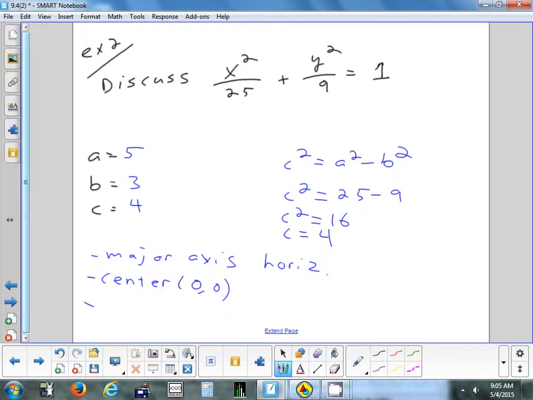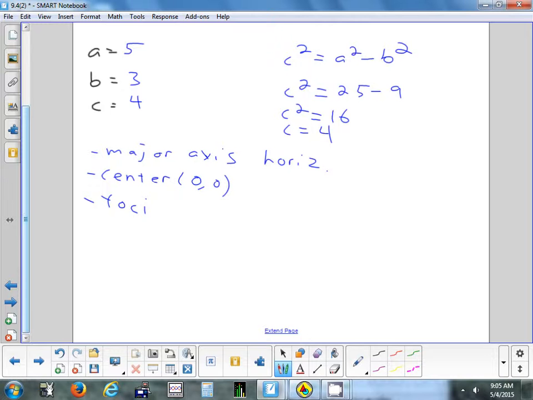Okay, so let's start with the foci. We know how far away the foci are from the center. We just have to write it as a coordinate. So what are my two foci going to be? Negative 3, 0, and 3, 0. Okay, so what letter measures the distance from the center to the focus?